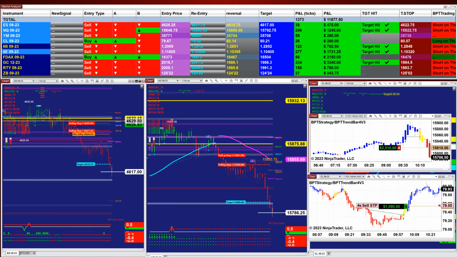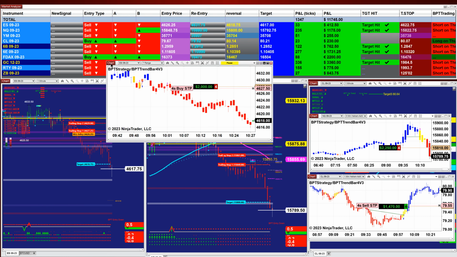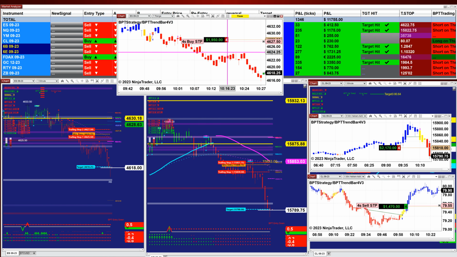On Monday, you should not come in and start turning on your swing trading. As an example, here's an ES. You don't turn on the swing trading on Monday. You turn it on Tuesday. Monday is always preferable for scalping.